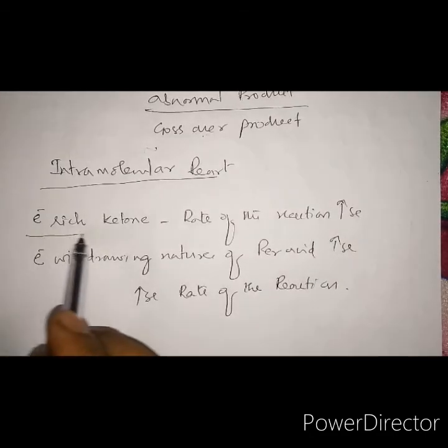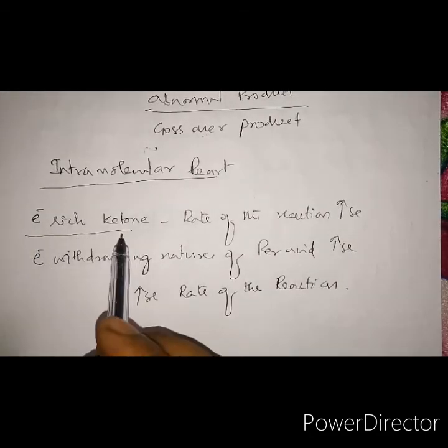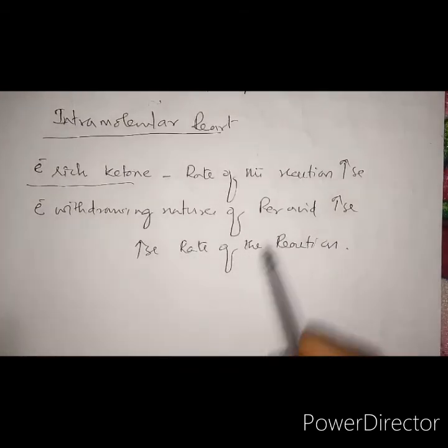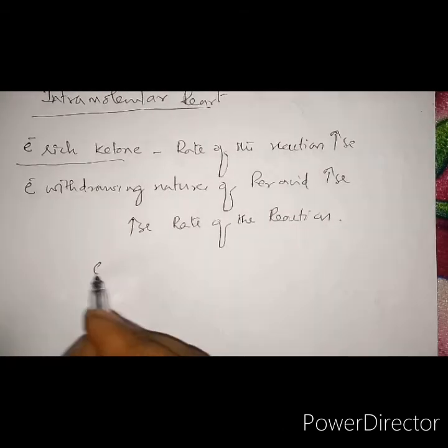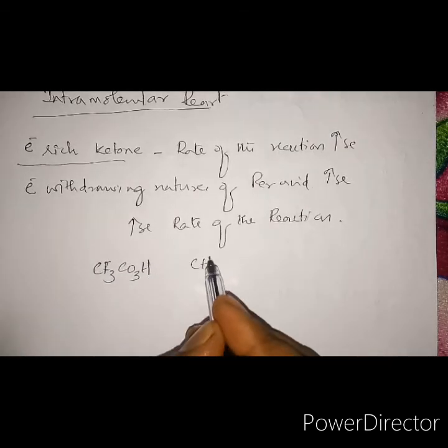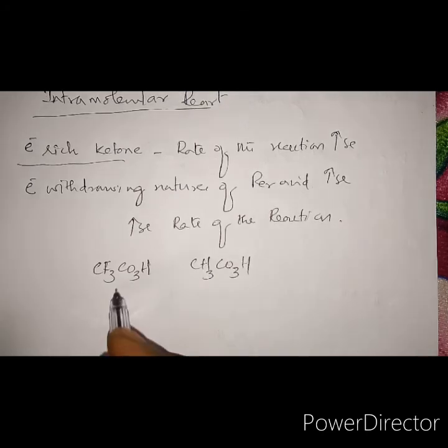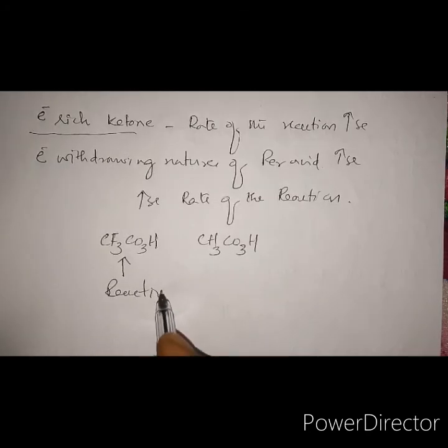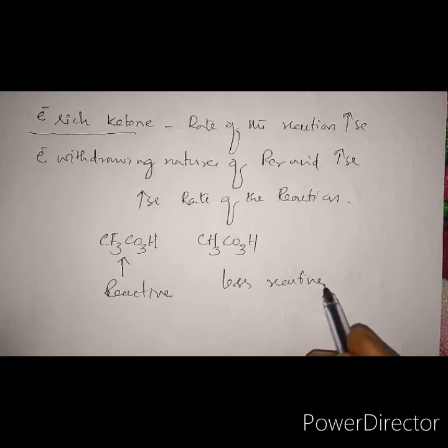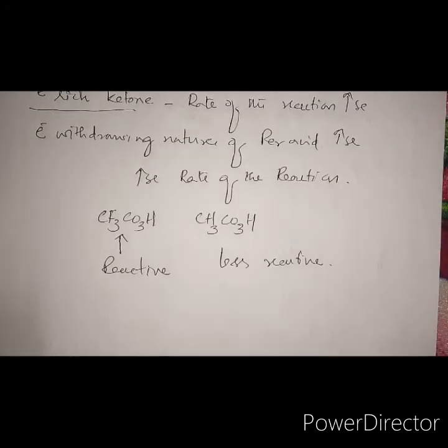So we need an electron rich group with respect to the ketone, as well as an electron withdrawing group with respect to the peracid. That is the reason why trifluoroperacetic acid is more reactive than peracetic acid. So this is more reactive, this is less reactive. That is the reason.